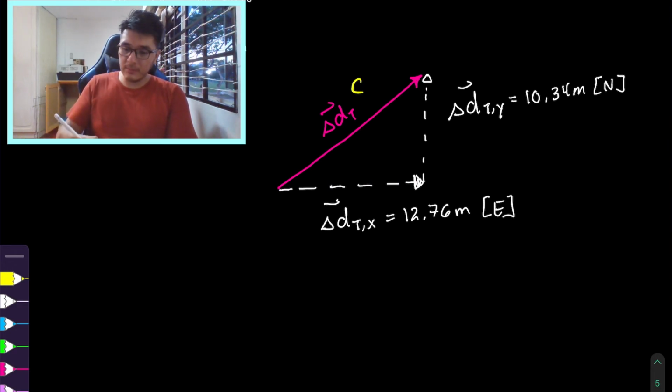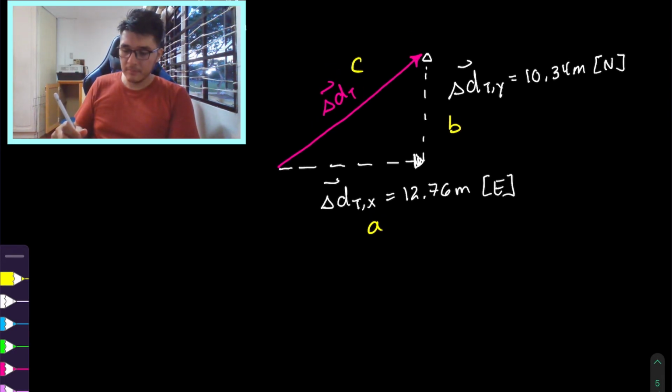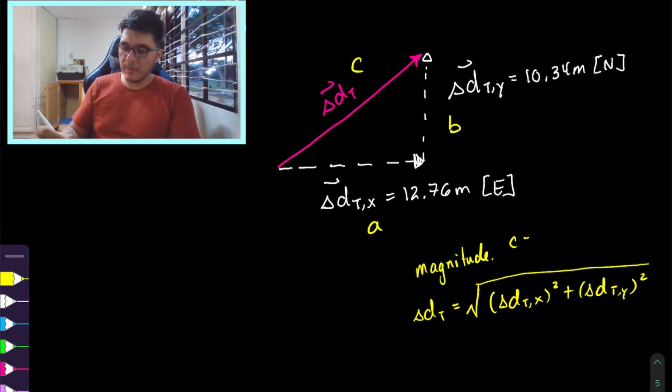So let's take this to be C, this to be A and B. So to find the magnitude, it's going to be delta d_t equals the square root of the x component squared plus the y component squared. Right, and we got that from Pythagoras, c squared equals a squared plus b squared.